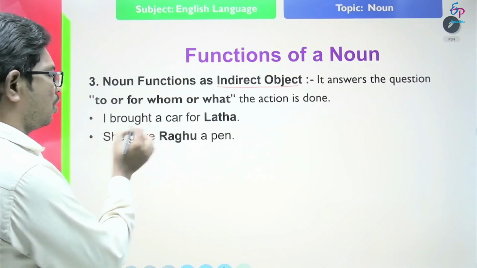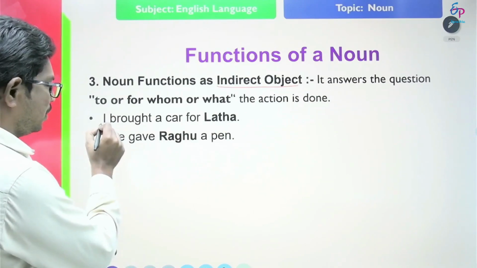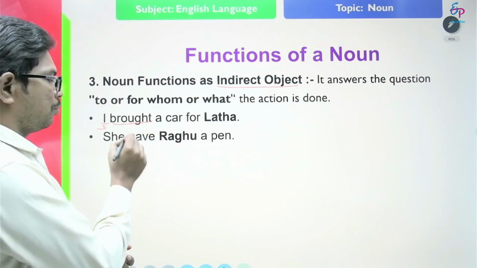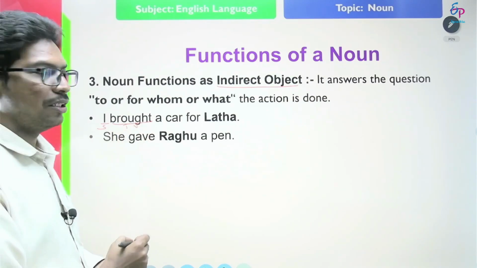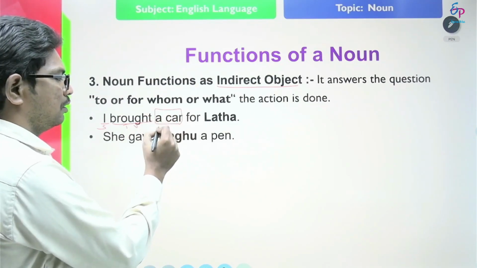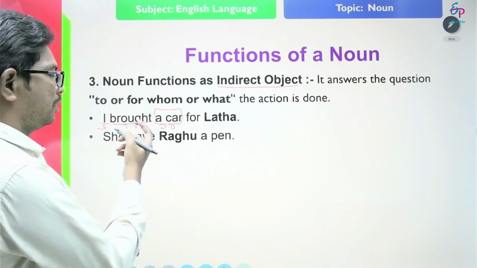I brought a car for Lata. In this sentence, what is I? This is subject. What is brought? Transitive verb. Transitive verb always needs object. There are two objects here. What is a car? This is direct object. What I brought, it is answering. This is object of this verb.